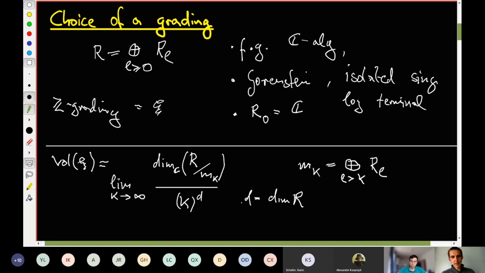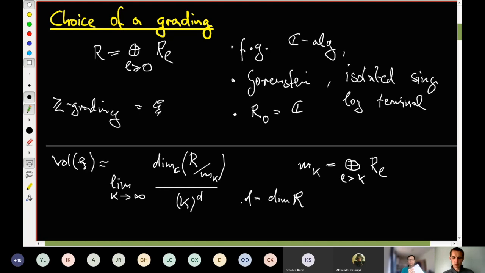So the idea now is that we are trying to find a Z grading psi which minimizes this invariant. And so we want to turn our problem of finding a canonical choice of a Z grading for our ring into a minimization problem.